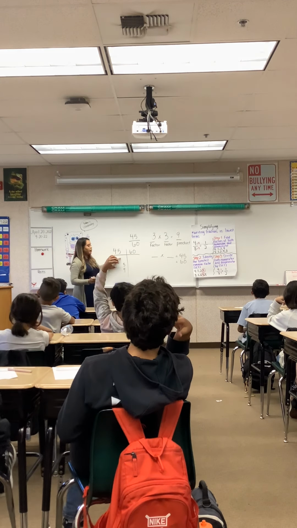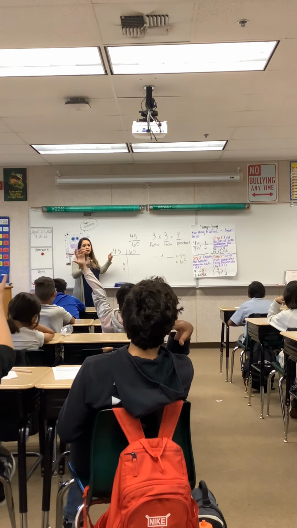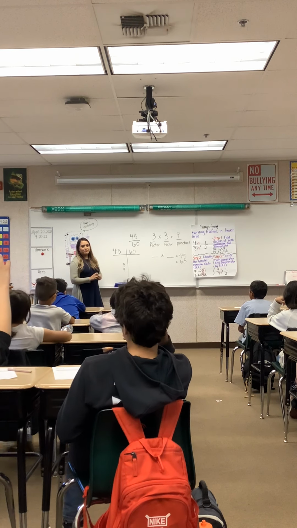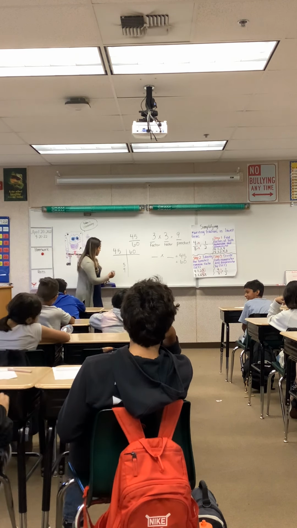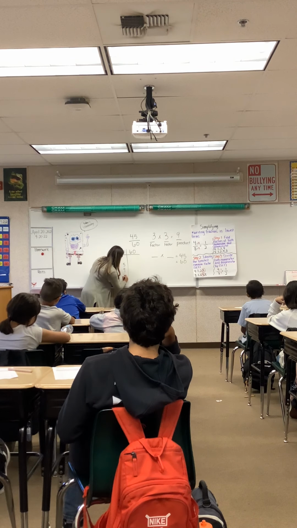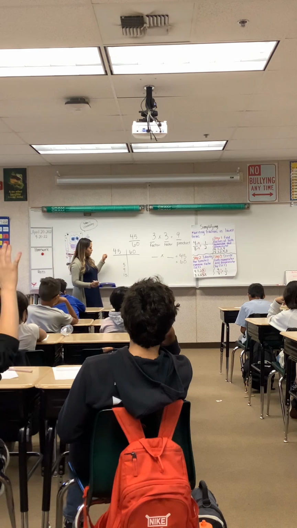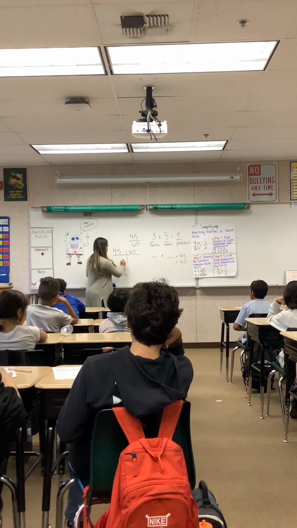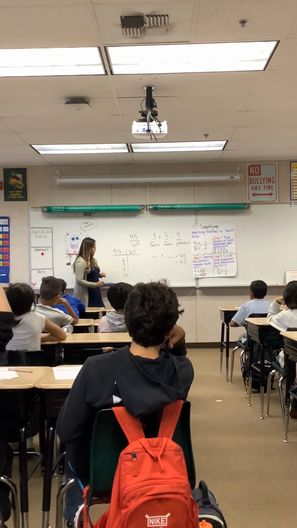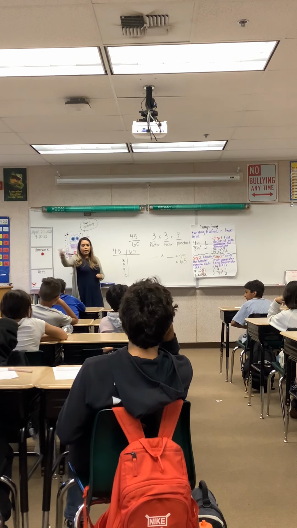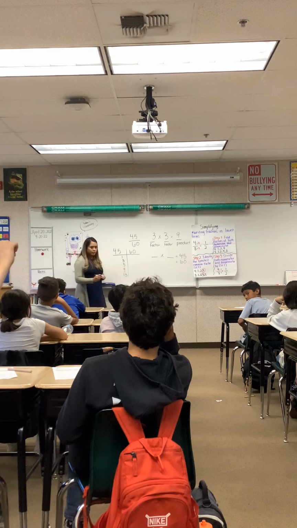What other number besides 5? 4? Jacob. Oh, that could be. 15? 15 times what equals 45? Times 3. So 15 times 3. What other one? 1 and 45.